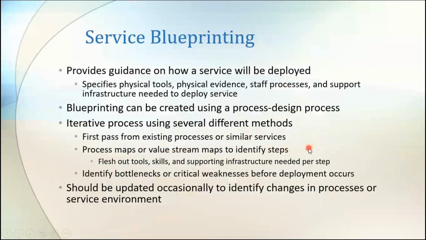And then you can plop these down on your first pass to see how it's going to flow. Then you'll identify bottlenecks or critical weaknesses in the current design as your desired design applies to it. So this allows you to identify it before you deploy.